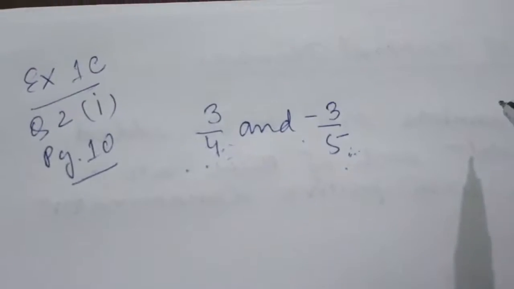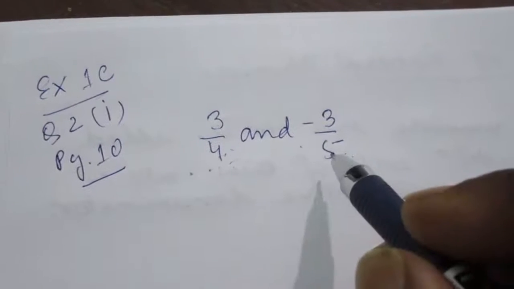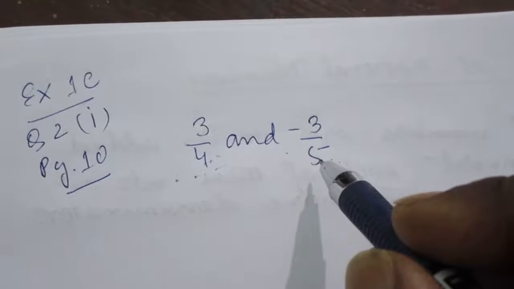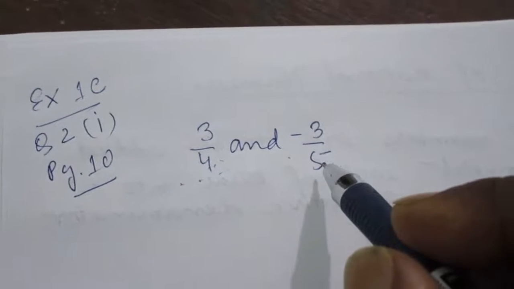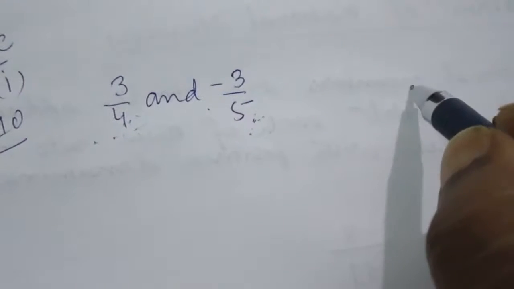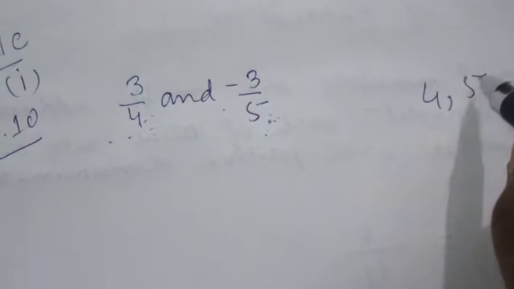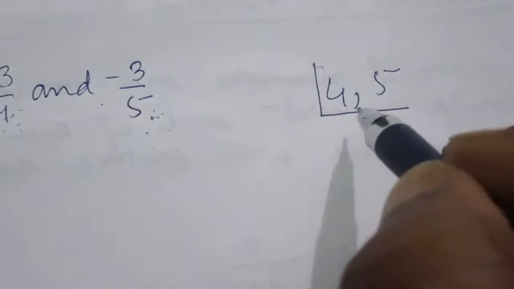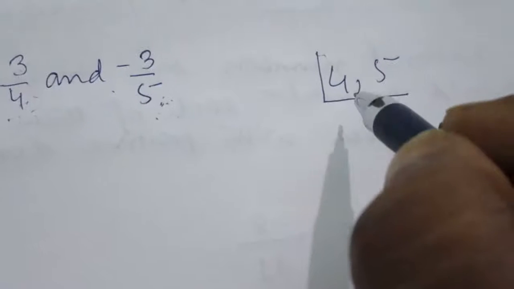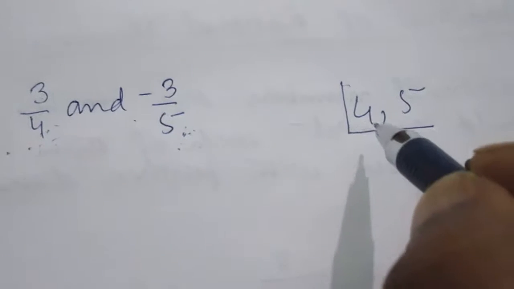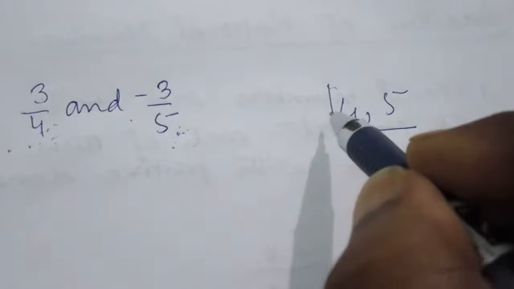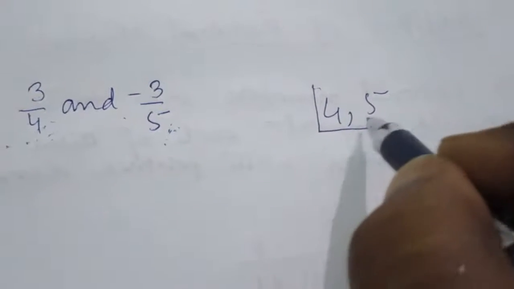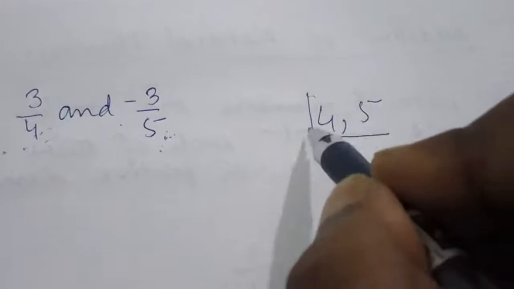In such cases we have to take the LCM of 4 comma 5. As I mentioned in the earlier example also, we take a number by which at least one of the numbers is divisible.